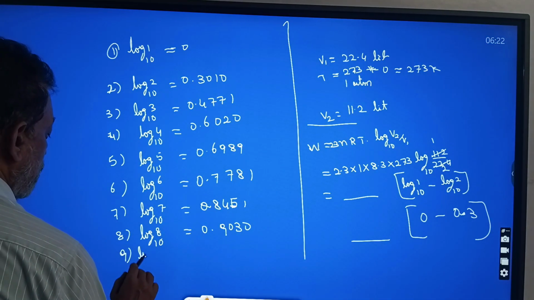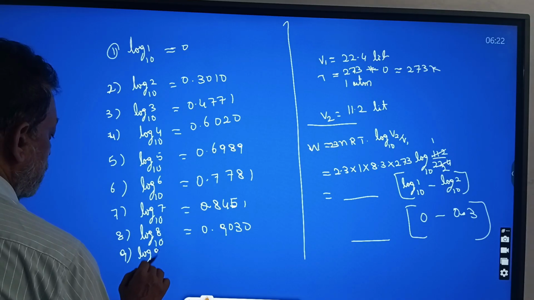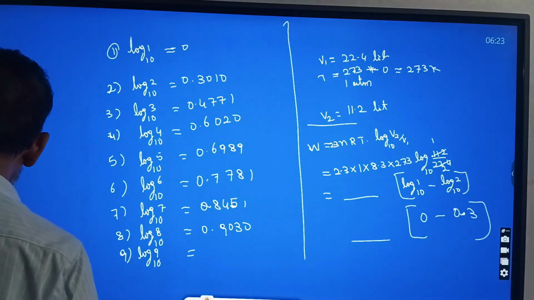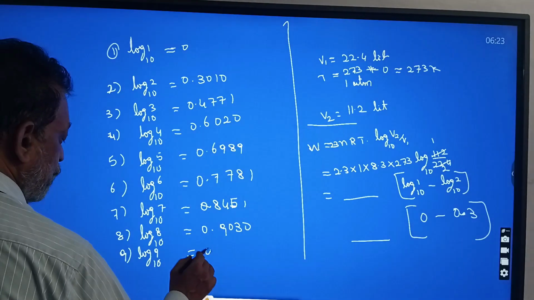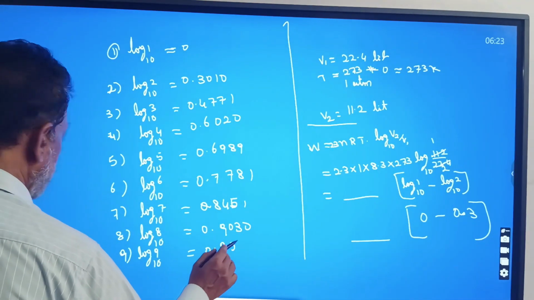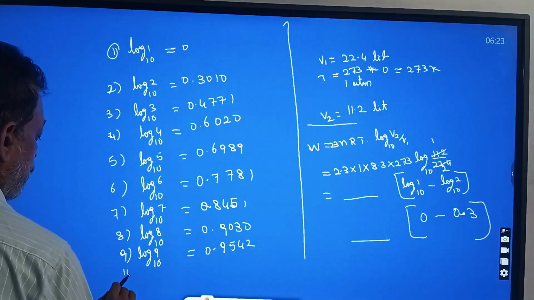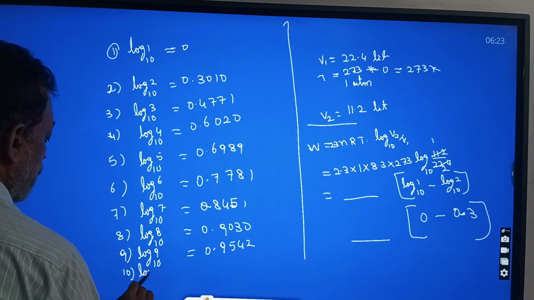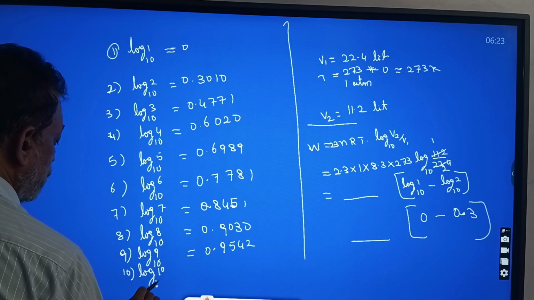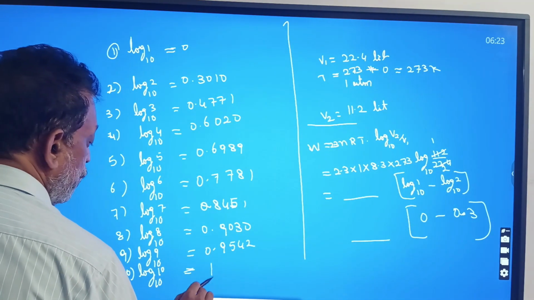Log 9 to the base 10 is equal to 0.9542. And log 10 to the base 10 is equal to how much? 1. So what you remember is 1.0.